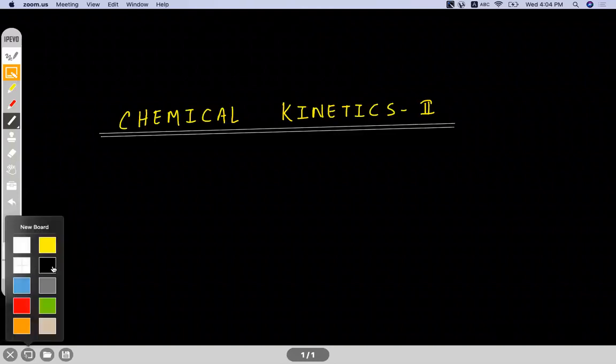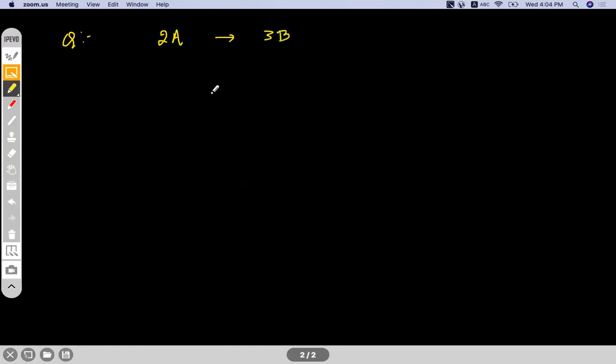Okay, so last class we discussed the rate of a reaction. Suppose you have a reaction given like this, what would the rate expression be? Suppose for a reaction I write 2A gives 3B.